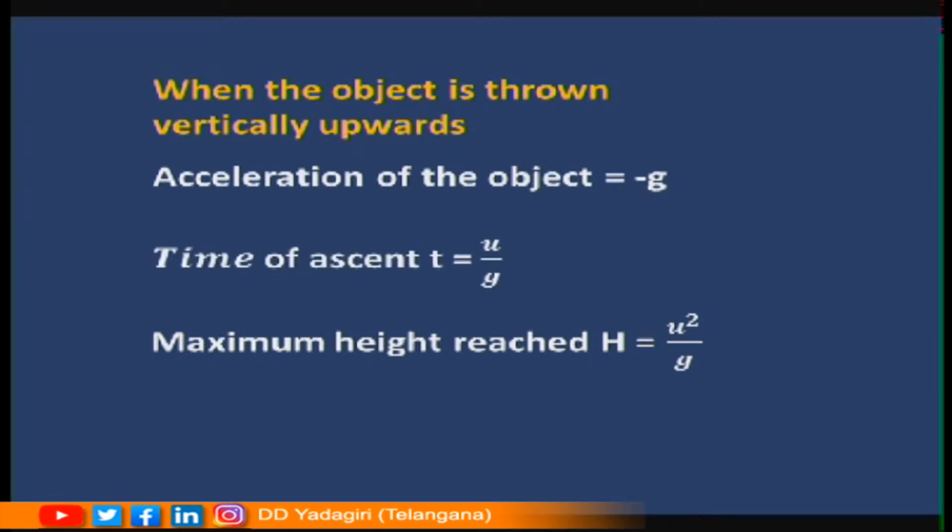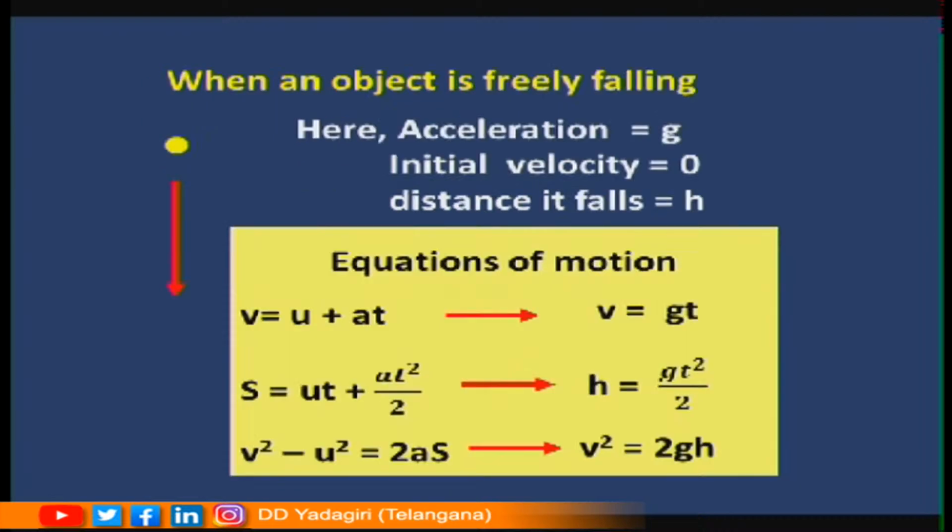The time of ascent t equal to u by g. When an object is freely falling, the acceleration is g, the initial velocity is 0, distance it falls is h, then the equations of motion will be v equal to gt, h equal to half gt square and v square equal to 2 g h.